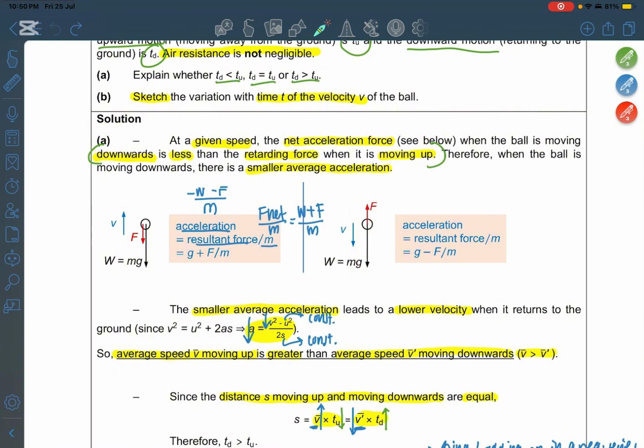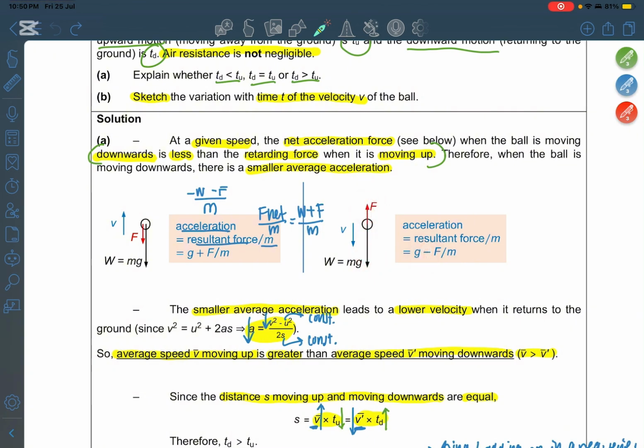You put in the values of acceleration, which is f net divided by m. g is acting downwards, and f is acting opposite. That's why it's going to be negative.